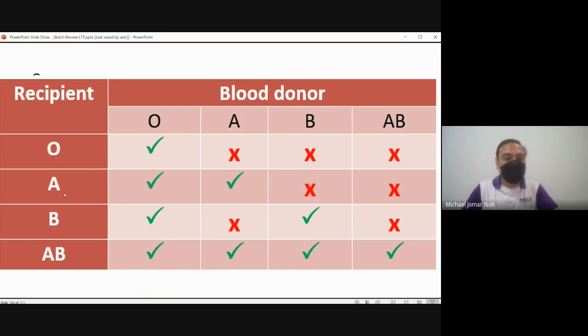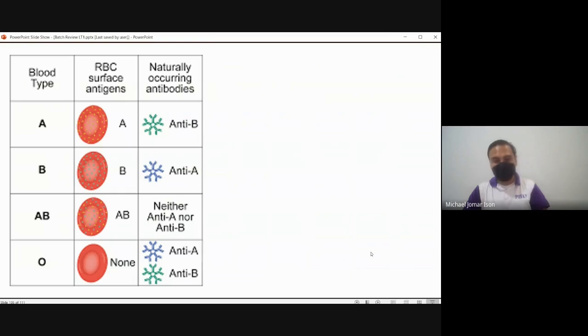The type A can receive only from O and A, because in B and AB, the antigen B is present, so a reaction will happen. For blood type B, you can only accept from O and B because they're the same, and this will be having no antigen at all. And the A and AB there will be a reaction because the A antigen will react with the B. And of course, all of this will be no reaction at all.